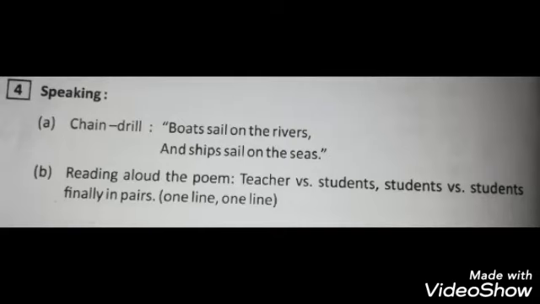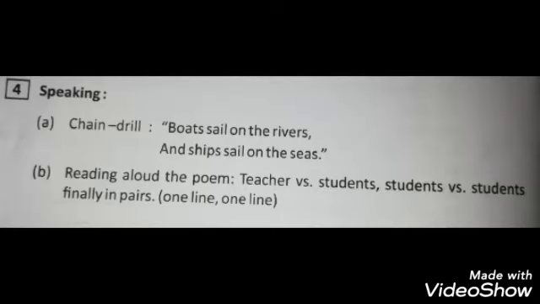And in another way we can also do it. A pair of students will come to the front, one line one boy and another line another boy, or one line one girl and another line another girl. In this way we can also do this activity so that we can speak English well.